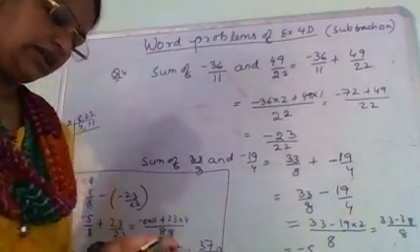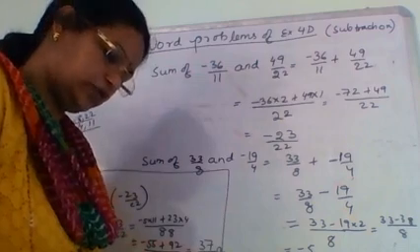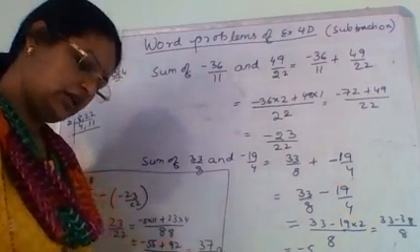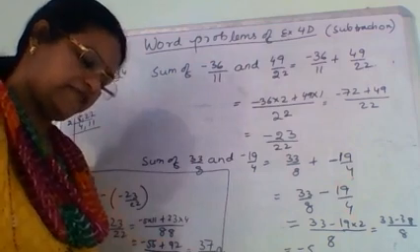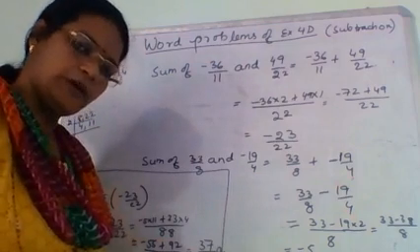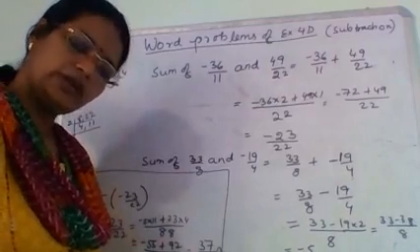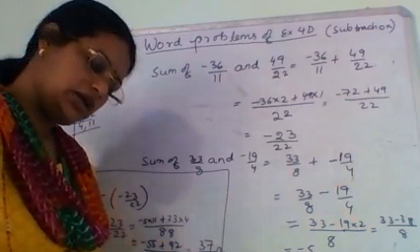Again, in the next question, the sum of two rational numbers is 4 by 21. If one of them is 5 by 7, find the other. So what we will do? We will subtract 5 by 7 from 4 by 21. So the other number you will write down: sum of two rational numbers 4 by 21, one of the numbers 5 by 7.